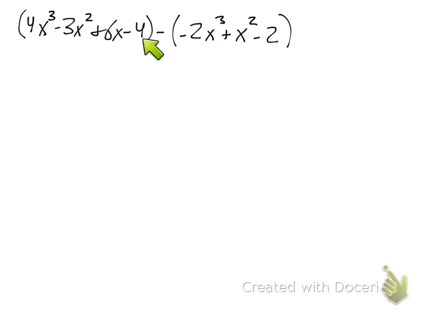So that means this first group is unchanged. Guys, sometimes they'll put a 2 in front of there or an 8 in front of there. You have to distribute that number or whatever it is. But in this case, they don't, and so it becomes 4x cubed minus 3x squared plus 6x minus 4.